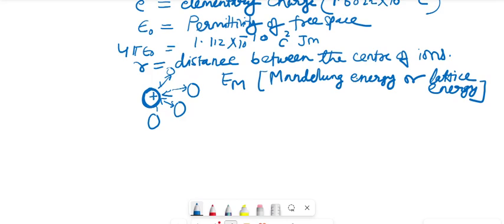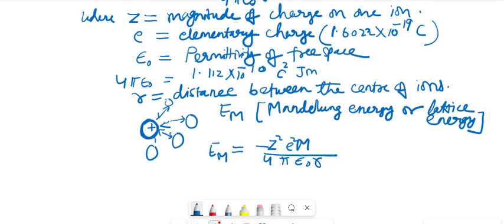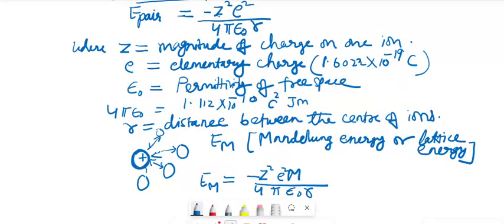Now, we can represent it by the equation EM is equal to minus Z square e square M divided by 4 pi epsilon naught R. Here we can see that the previous equation, E pair is equal to minus Z square e square by 4 pi epsilon naught R, is multiplied by M, which is said to be the Madelung constant, and it becomes the lattice energy when you multiply this equation by M.